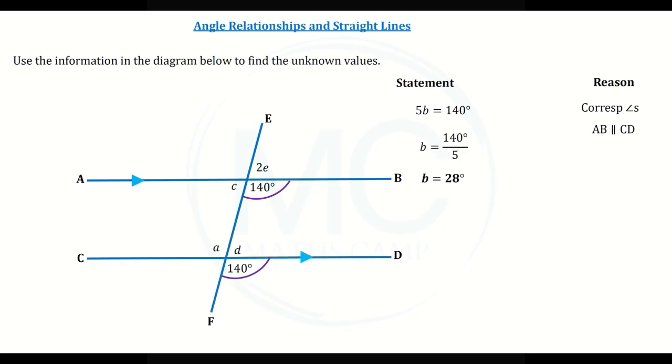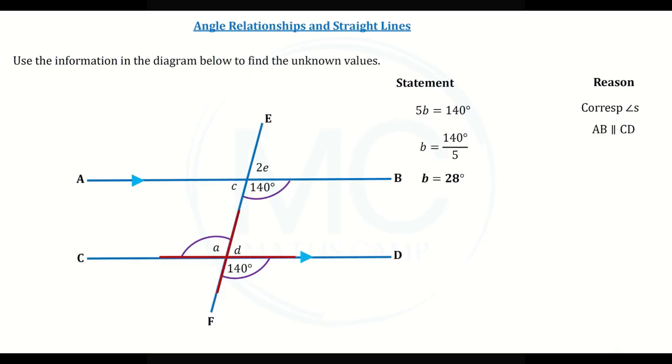Now down here we can see the transversal line EF, let's make it red, crosses the line CD. So let's make this part red as well. Angle A lies vertically opposite the 140 degree angle, so let's make angle A purple. We know from our previous video that vertically opposite angles are equal.